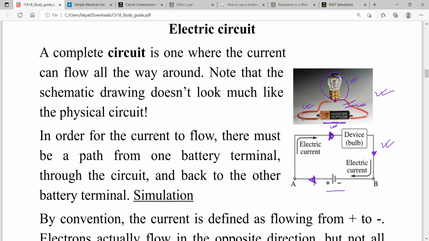Many students make a mistake. They think that the current is the flow of electrons. Yes, it has some contribution, but conventionally we use this as the direction of the current: the direction of the positive charge flow, not the electron flow. So the direction of the current is the same as the positive charge flow, not the electron flow. So remember that.